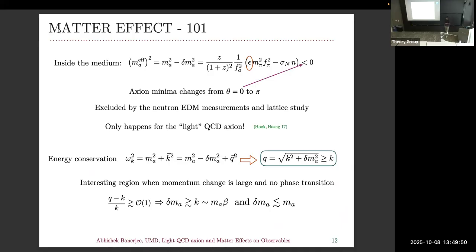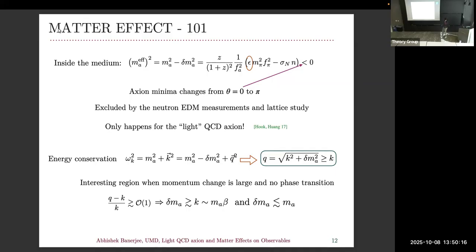I need to expand around theta equals pi, not theta equals 0. But that scenario has already been ruled out by neutron EDM measurements and lattice studies, because the neutron EDM is always mod pi. So we cannot distinguish theta equals 0 and pi, both are CP-conserving points. That was already pointed out by Anson and Carley back in 2017.